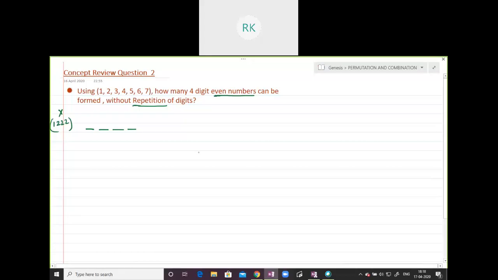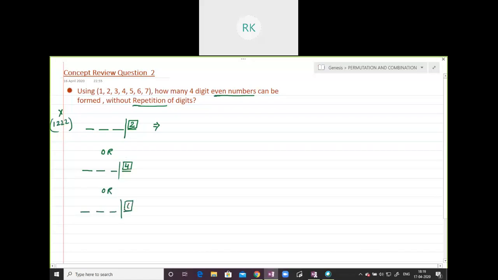At the last position, can I freeze 2 here? No problem, I'll freeze 2. Any number ending with 2 will of course be an even number. So this is one possibility. Numbers ending with 4 will also be even, and also numbers ending with 6.